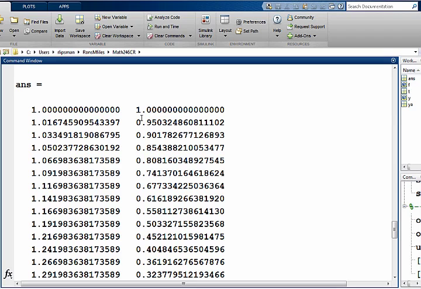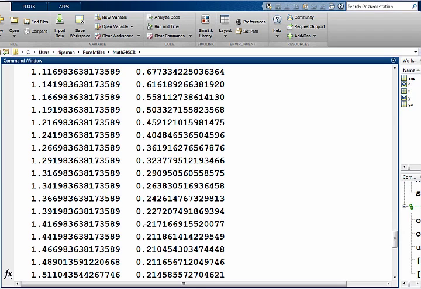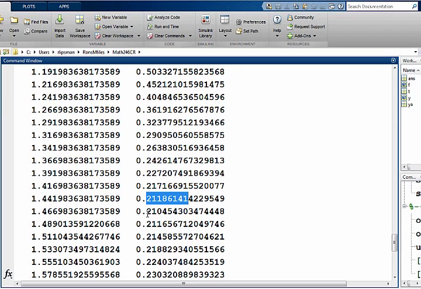Started out at 1, 1, and as t increases, y is decreasing, keeps decreasing until about here, right? It's 0.217, 0.211, no, it's still decreasing, 0.210, and then it's going back up. So it's somewhere around 1.466.